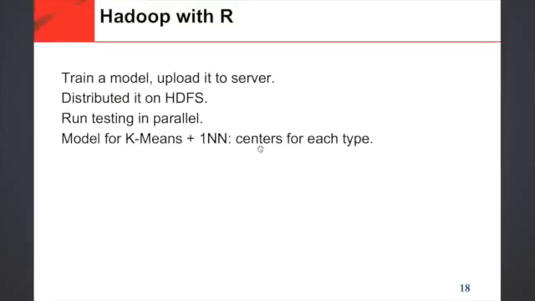I store all of the centers into a file and upload it to the server. Then load it again in the mapper. So when I process each record, I calculate the distance between it and each of the centers and find the minimum point and assign the type to this test data. In the reducer, I output into a file.